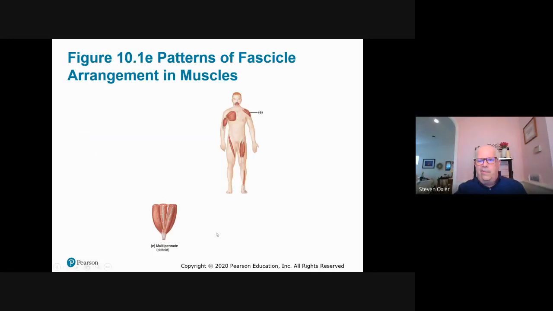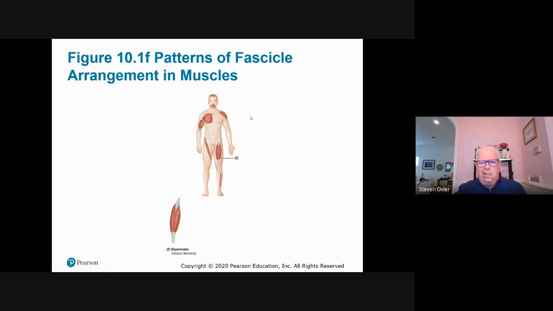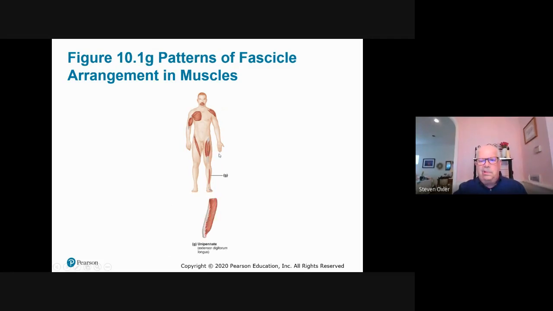This is the deltoid. The deltoid is a multipinnate muscle. Don't worry about multipinnate. Bipinnate is not important either, but it looks like a flag. This is the rectus femoris.